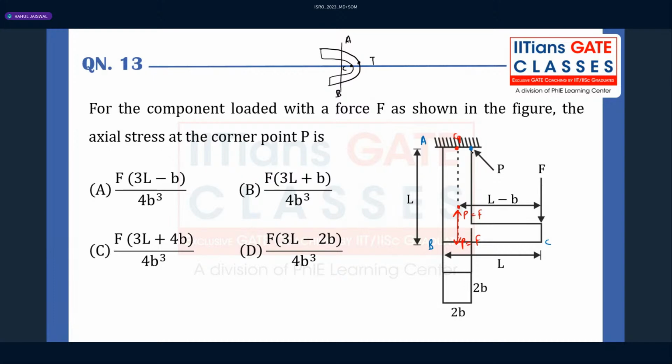Point P is on the top fiber, somewhere here. And the point P is subjected to tensile bending stress, axial bending stress.